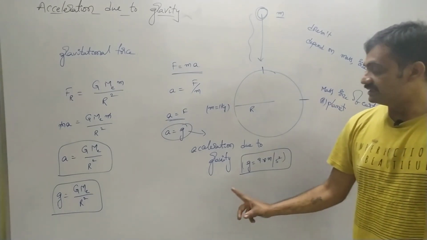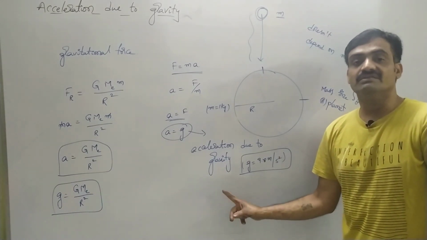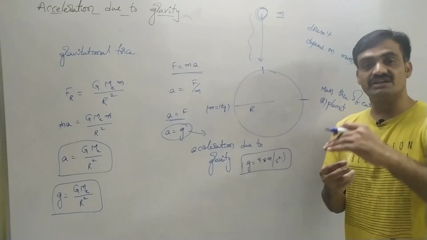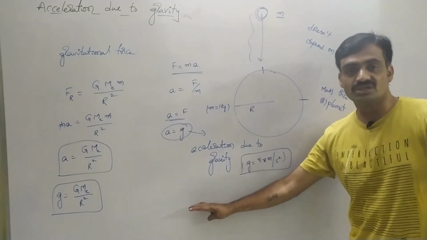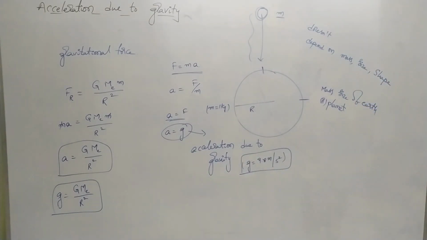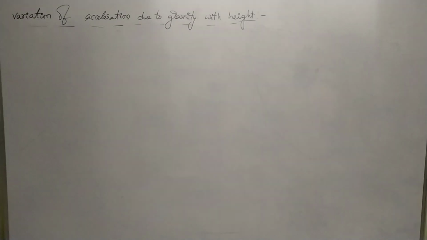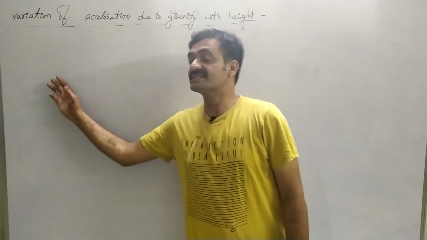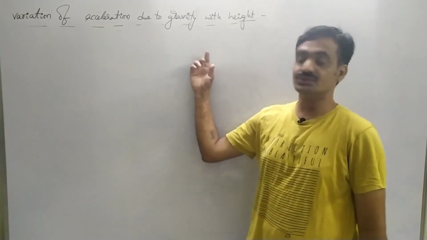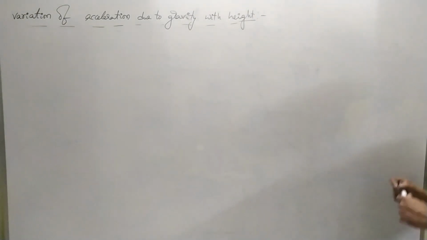Now by considering this acceleration due to gravity, we are going to discuss the variation of acceleration due to gravity with respect to height.